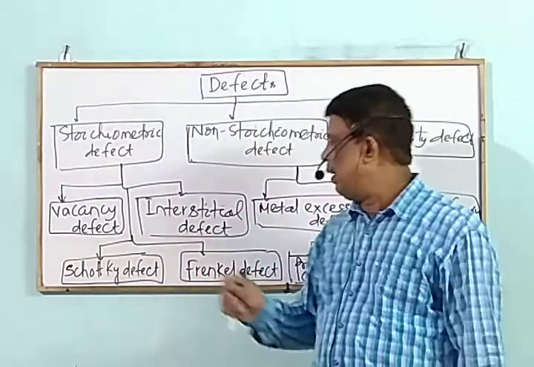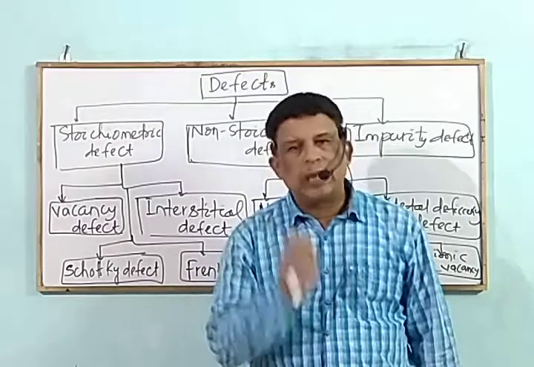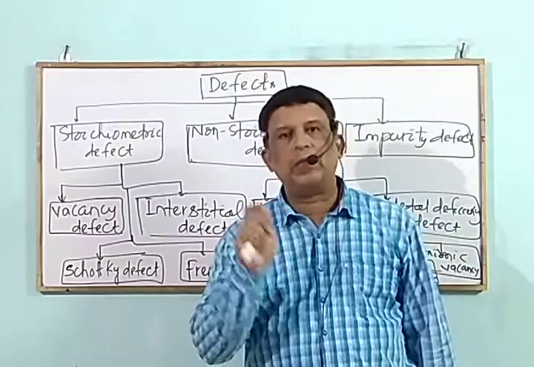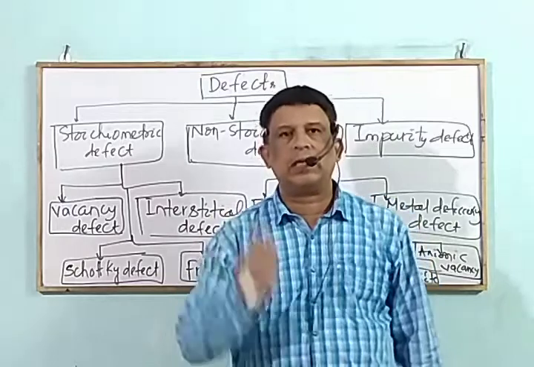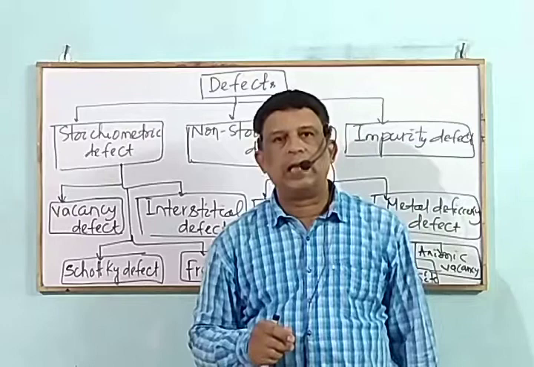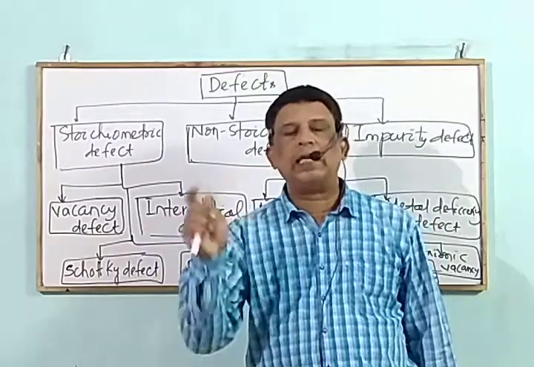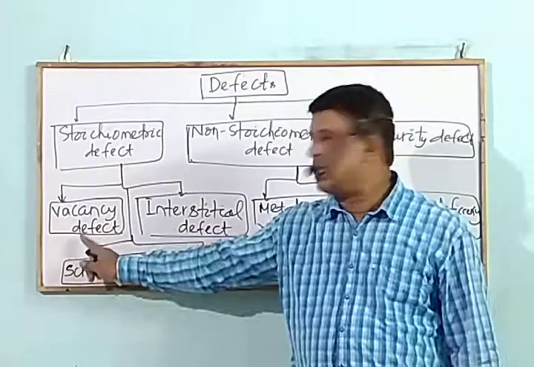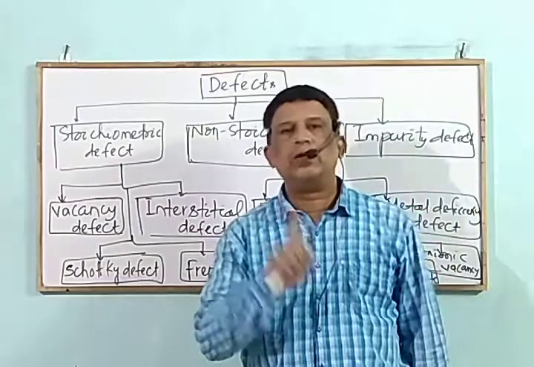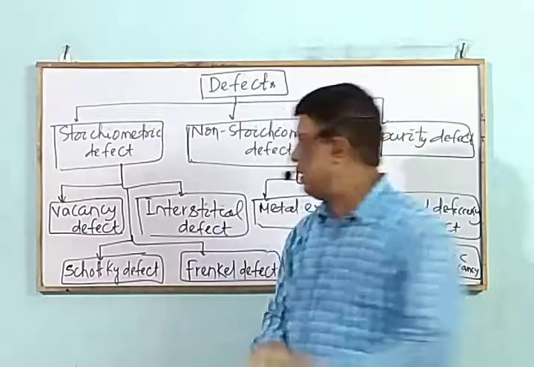While in case of interstitial defect, some of the lattice sites are vacant, but that constituent particle is present in the interstitial spaces. So this type of defect is known as interstitial defect. In case of a vacancy defect, as some of the lattice sites are vacant, it decreases the density, while in interstitial defect there is no decrease in density. Mark the graphical representation.